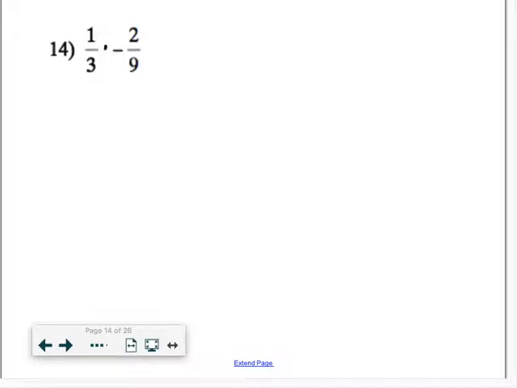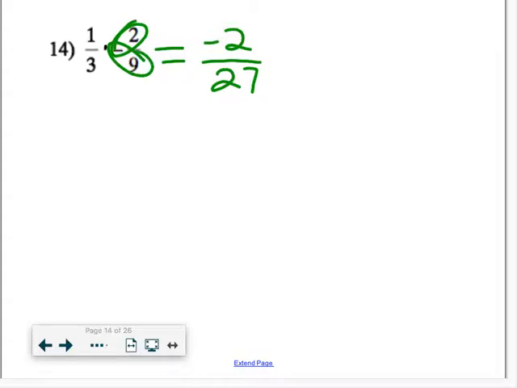All right. So here, multiplying straight across the numerators, straight across the denominators. 1 times a negative 2, remember that negative goes with the top, is negative 2. And then 3 times 9 is 27. Another common mistake I see is people taking that negative to both the 9 and the 2.